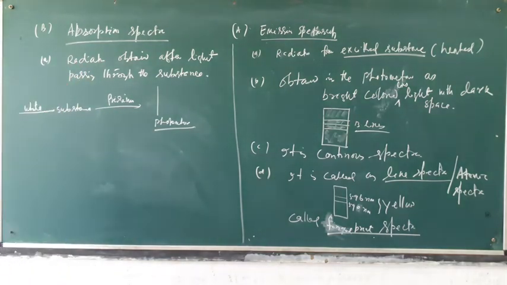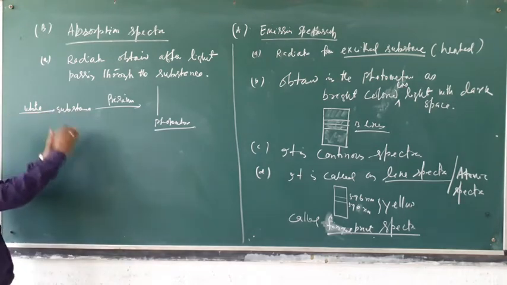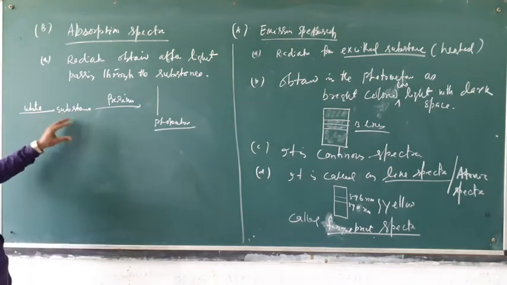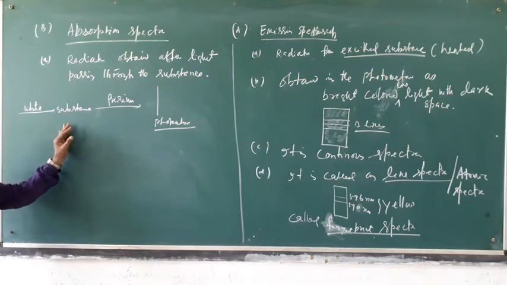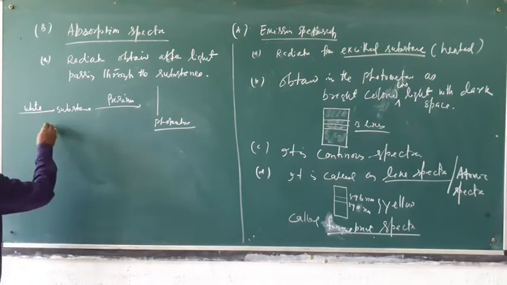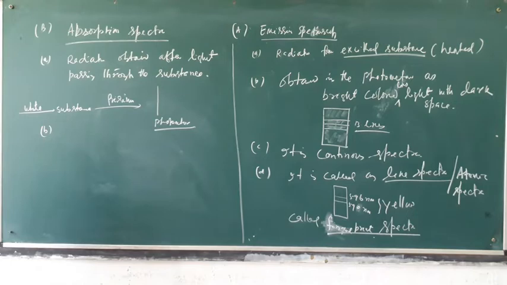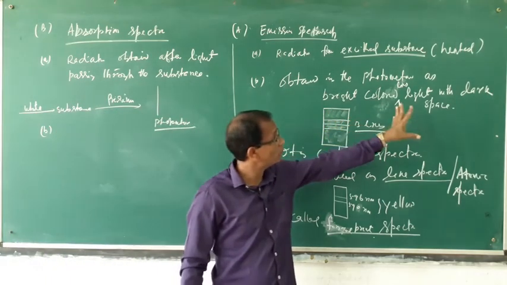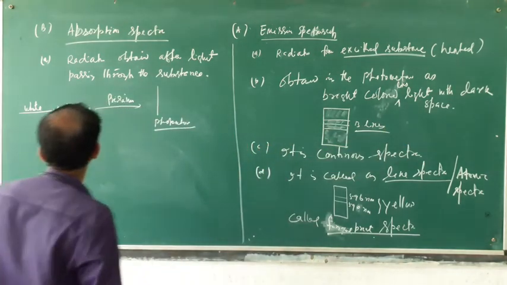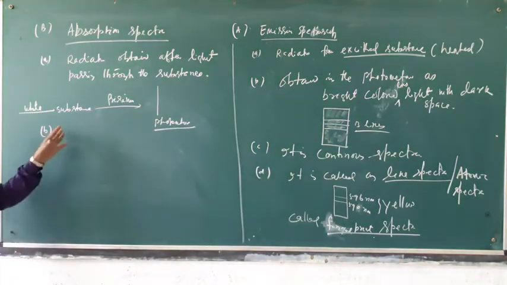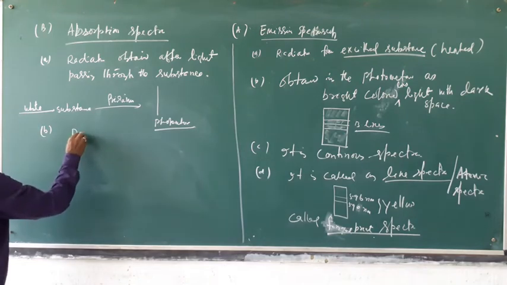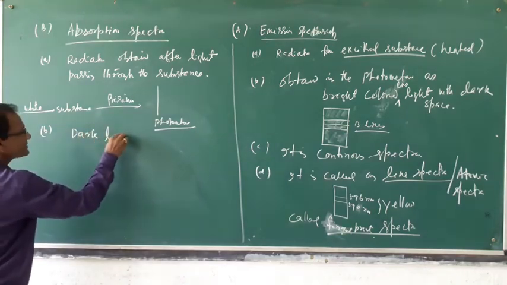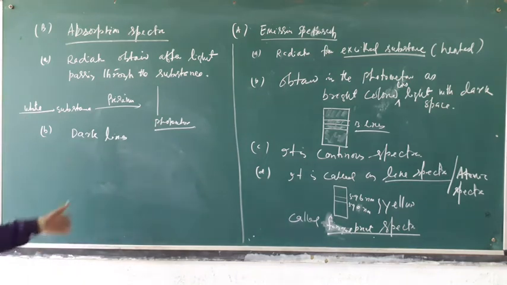Here some particular wavelength of light will be absorbed by the substance. So what will be the characteristic of this spectra? The characteristic is dark lines in a continuous spectrum.